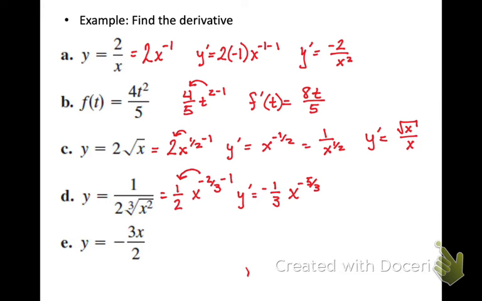So negative 1 over x to the 5/3. And I'm just going to leave it 5/3 again, still, for a reason. What do I need to add to 5/3 to get to the next whole number? 1/3.